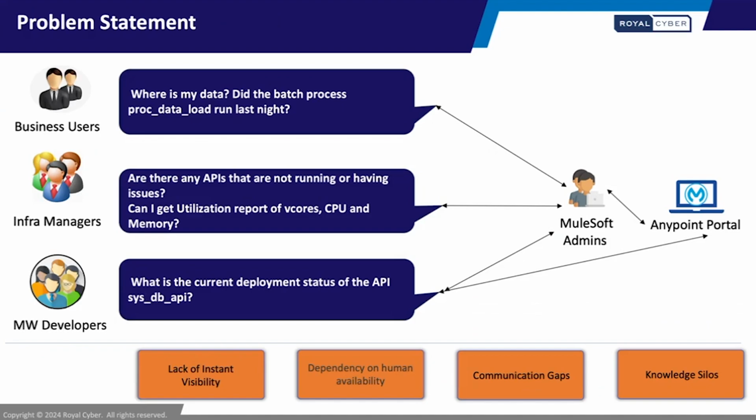Now, let's look at the problem statement. Managing and executing routine administrative tasks can be time consuming, error prone, and resource intensive. As organizations scale, the burden on the IT team and the administrators grows, leading to inefficiencies and bottlenecks.